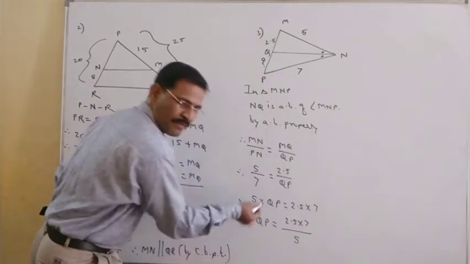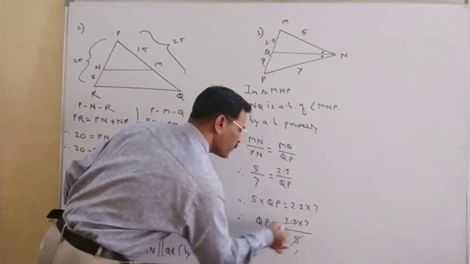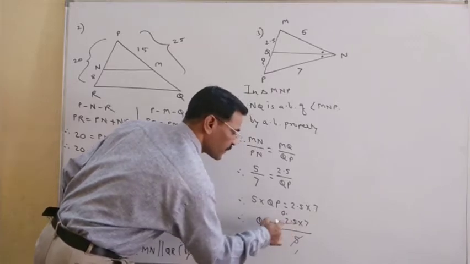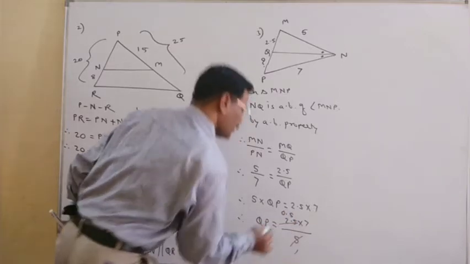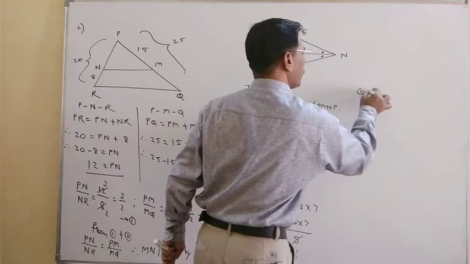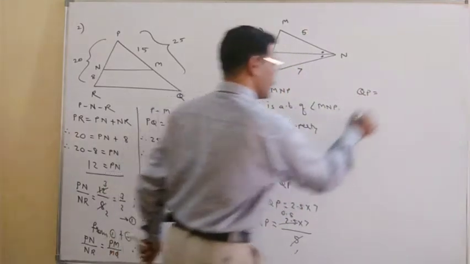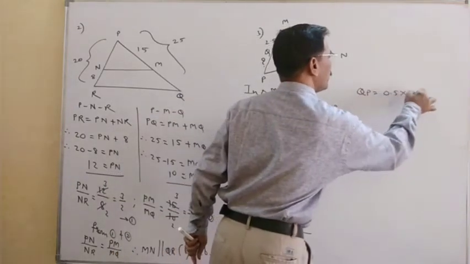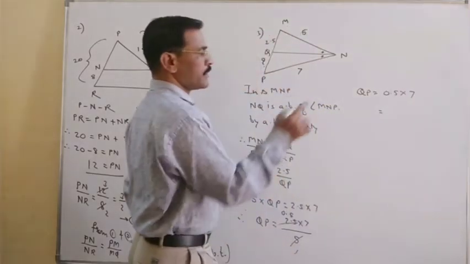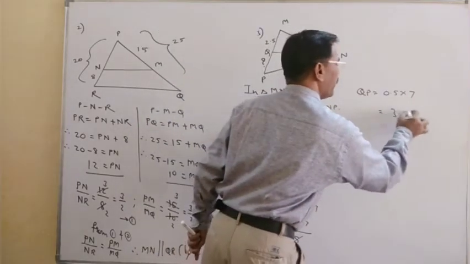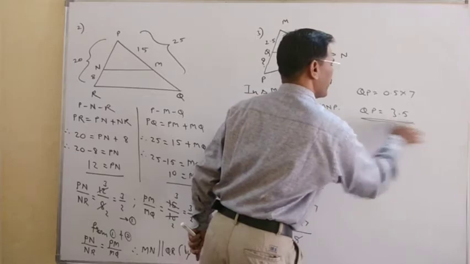Just simplification. 5 ones are 5, 5 zeros are 0, and then 5 fives are 25. So here QP is equal to 0.5 into 7. That is nothing but 3.5, which is QP.